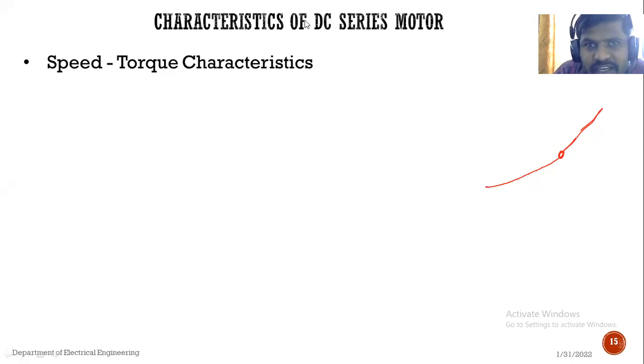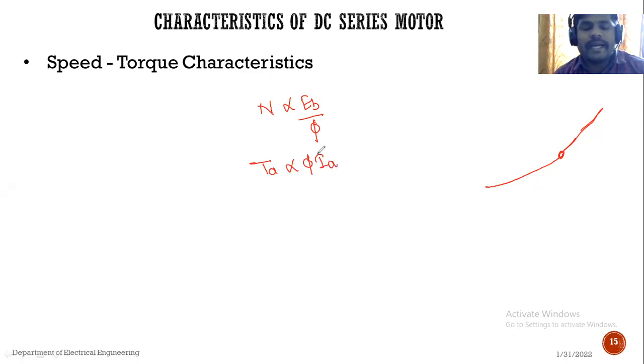We want to derive the relation between speed and torque. We know that the speed N is directly proportional to Eb divided by phi, and torque Ta is directly proportional to phi into Ia.